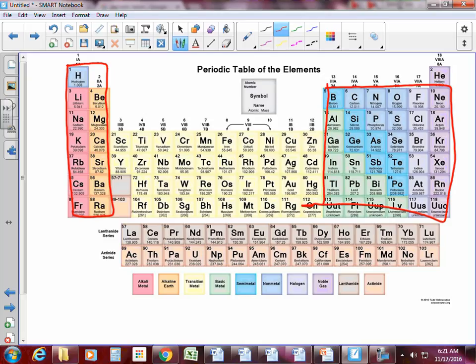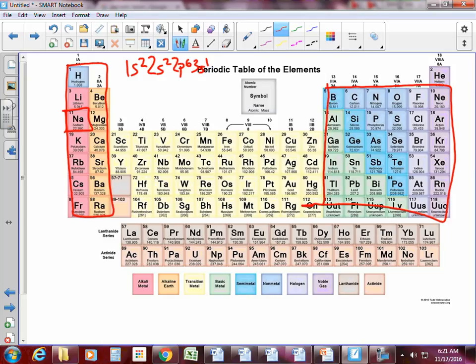So if we were to look at, let's say, sodium. Sodium has 11 electrons. Its electron configuration is 1s2, 2s2, 2p6, 3s1. We want to figure out how many valence electrons it has.